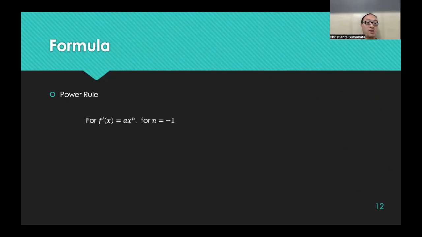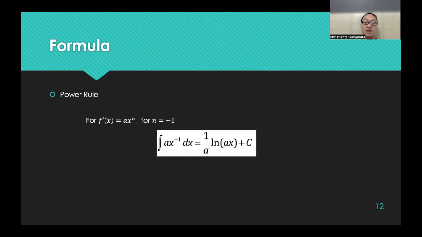Next. Now, what if n is negative 1? The integral of x to the power of negative 1 is 1 over x. Because we know that, for example, if we have ln x, the derivative is 1 over x. So the integral of 1 over x dx should be ln x plus c.